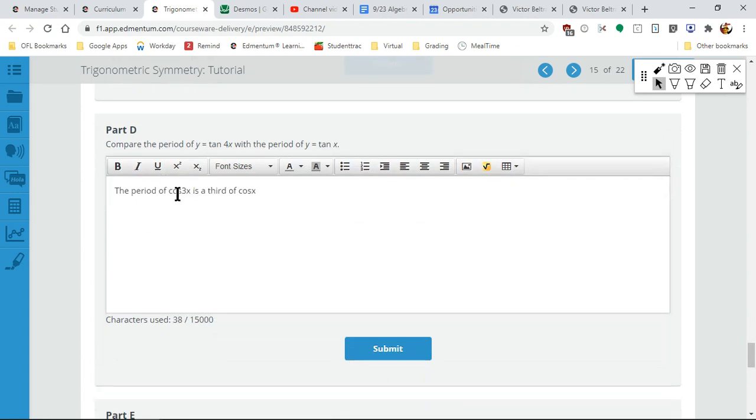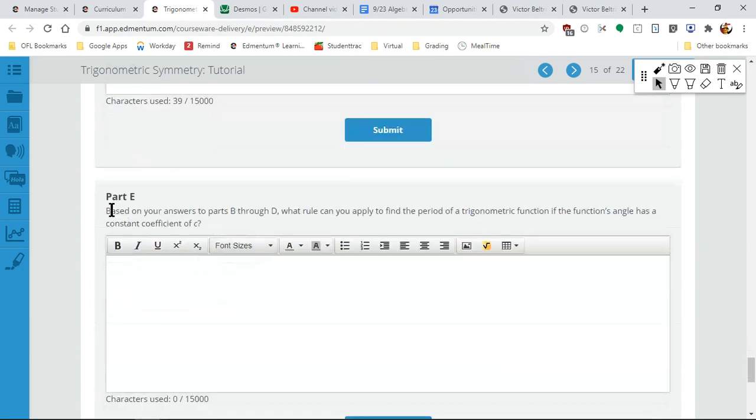So this we're going to say the period of tangent 4x is a fourth of tangent x.